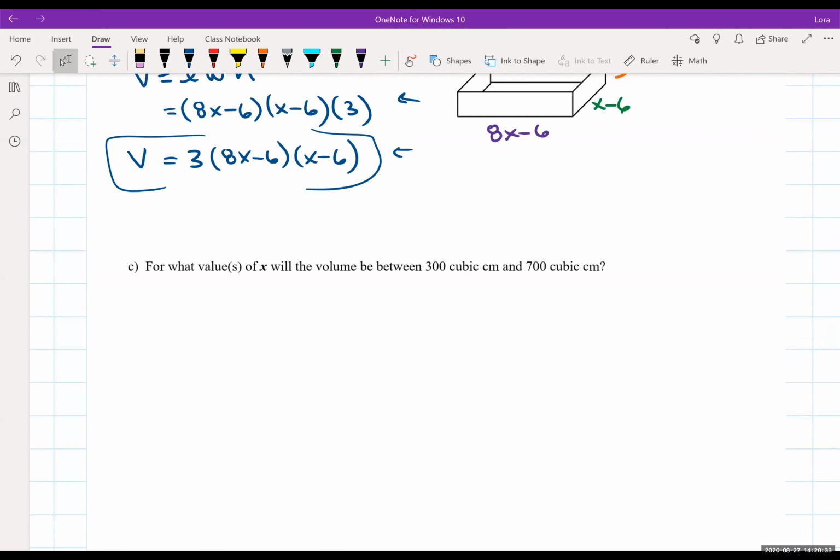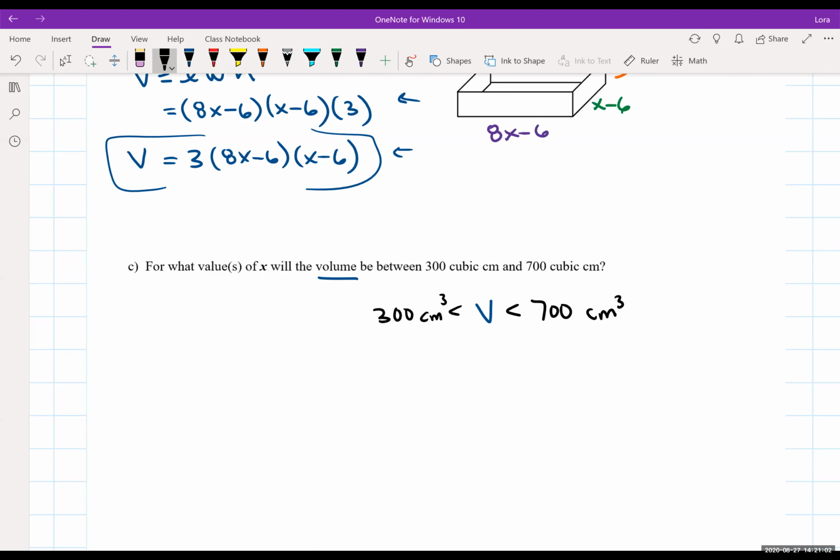They want to know, for what values of x will the volume be between 300 cubic centimeters and 700 cubic centimeters? So the volume has to be between two numbers: 700 cubic centimeters and 300 cubic centimeters.